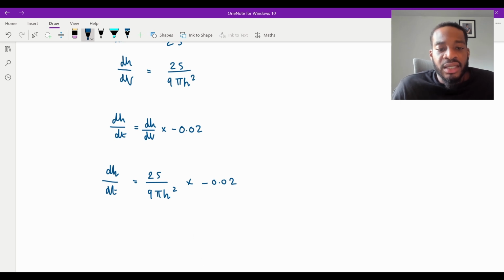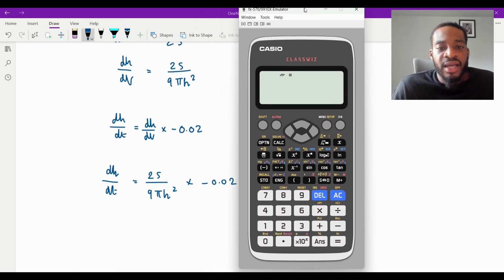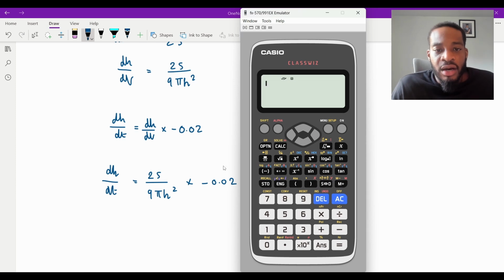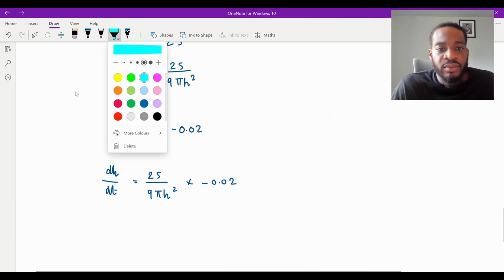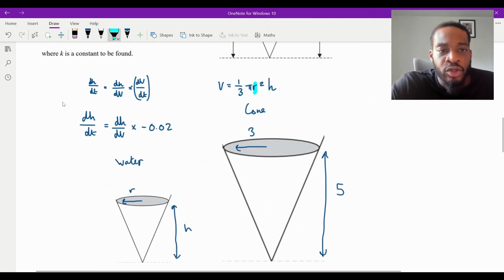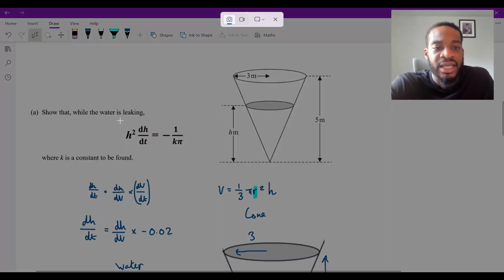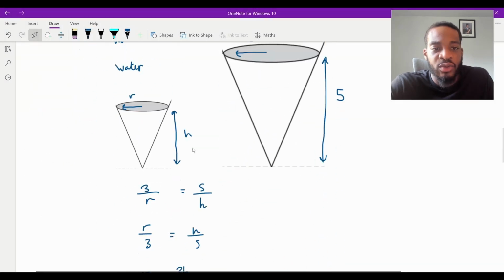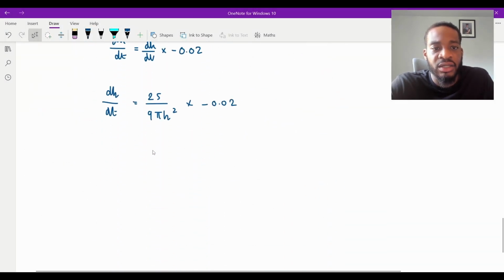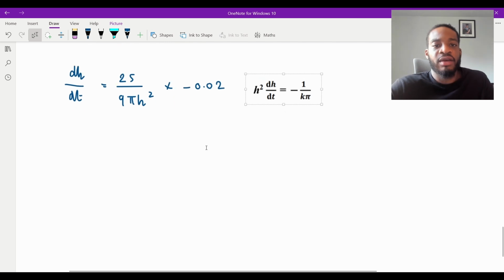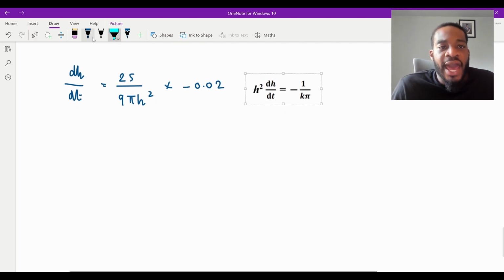Now, I'm going to plug this in and see what I get. What we want is h squared times dh/dt. So all we're going to do is times by h squared. Let's get the form that they want it in first, where they want an h squared on the left.